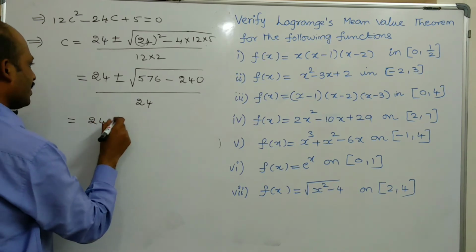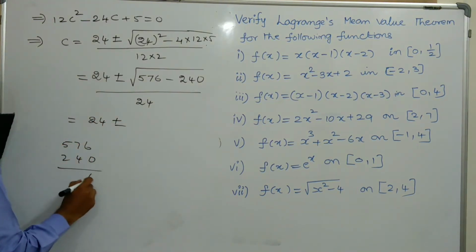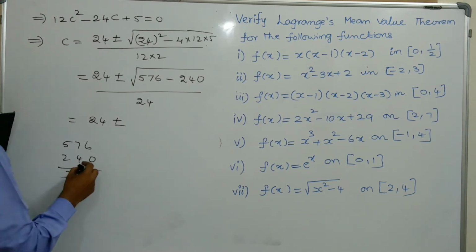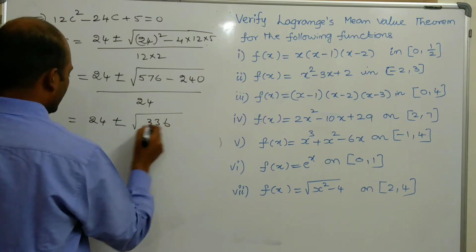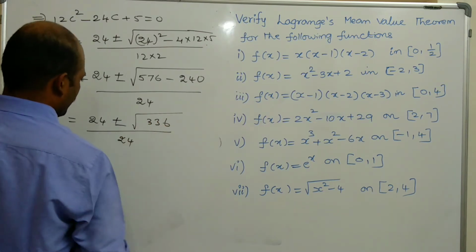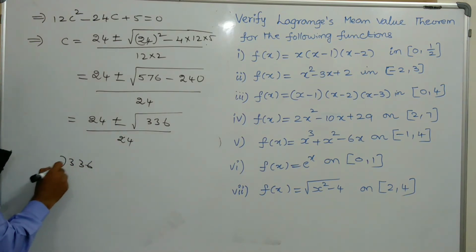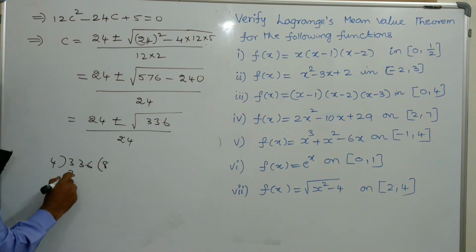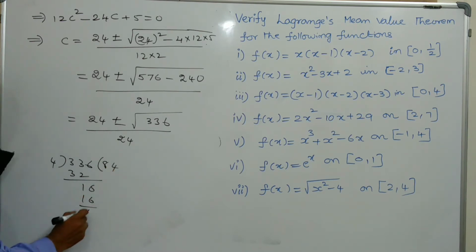Which is equal to 24 plus or minus square root of 576 minus 240, which is 336, divided by 24. Yes, it is divisible by 4. 336 is divisible by 4.